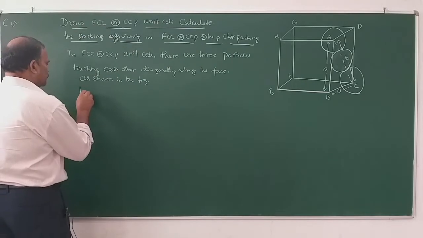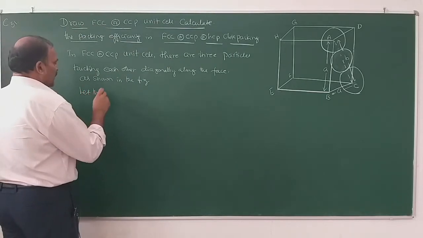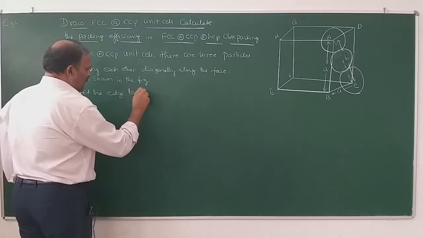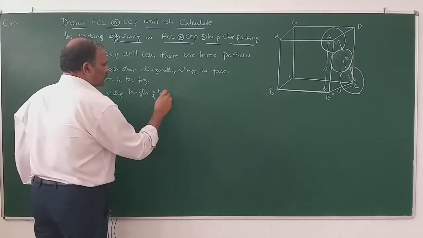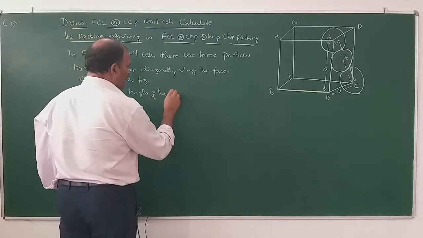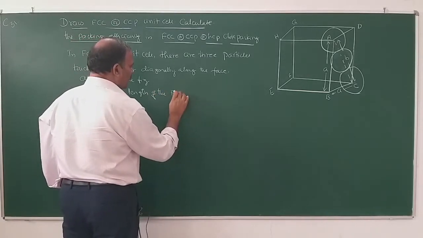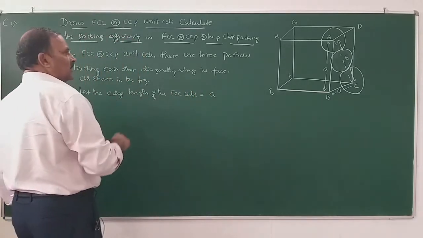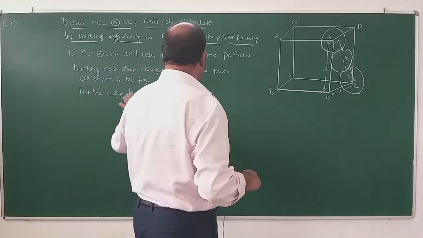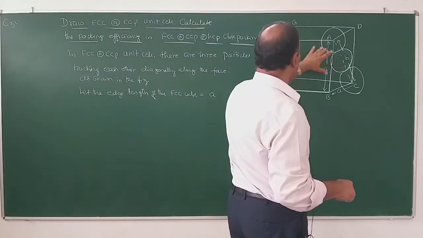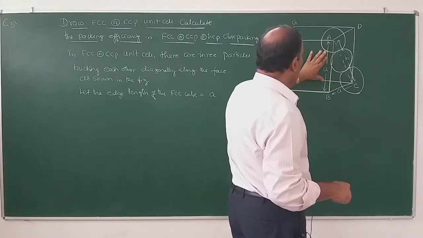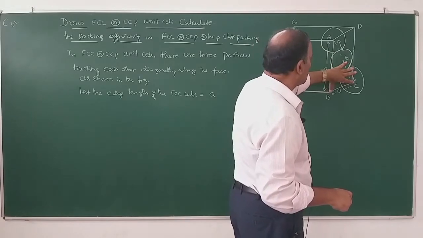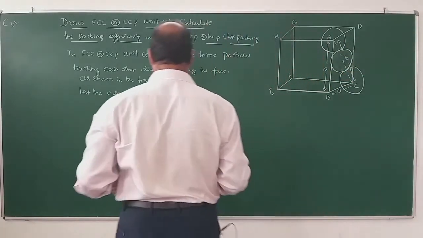Let the edge length of the FCC cube be equal to small a. These are all the edges of this cube. This distance is small a, this distance is small a, and this distance is also small a.